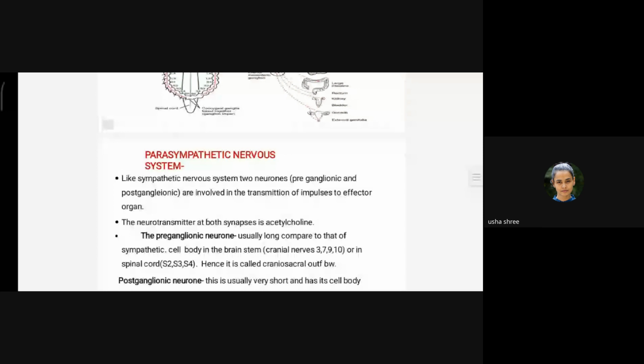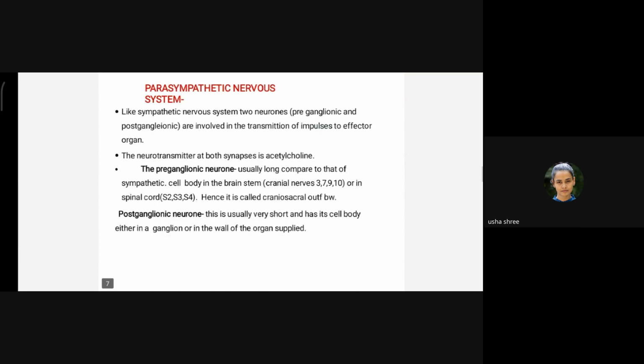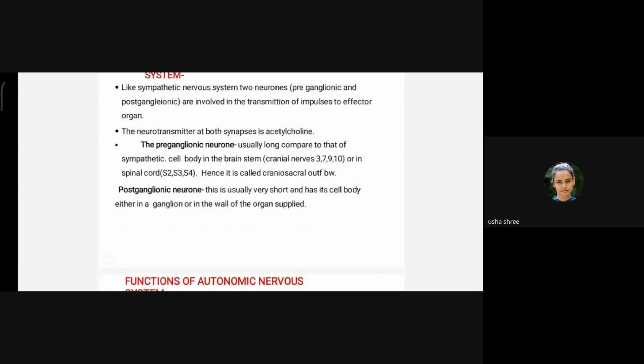But in the parasympathetic nervous system, both preganglionic and postganglionic neurons transmit their impulses by releasing acetylcholine only. The preganglionic neuron is usually long compared to that of the sympathetic; in the sympathetic nervous system it is a bit shorter in comparison.